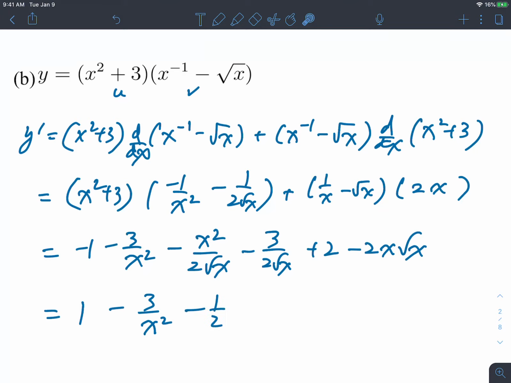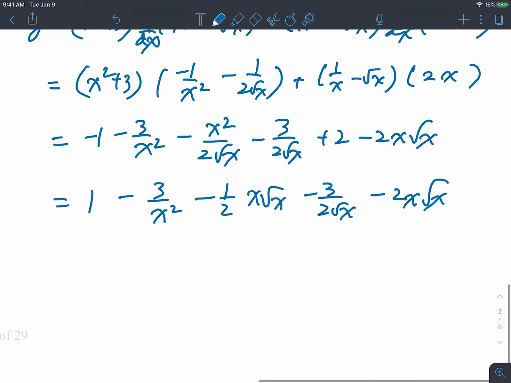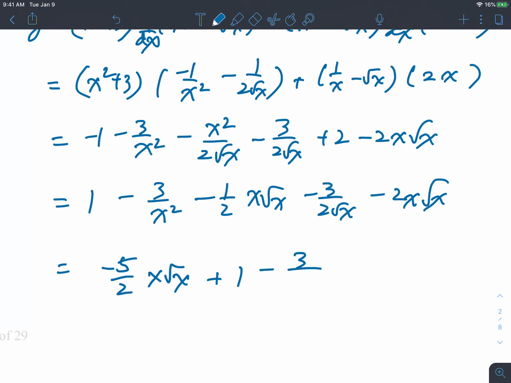I'm going to simplify this one over here. So, oopsie, that's what it gave me. And I notice that these two could be combined right here. So I'll do that. So, hold on, plus 1 minus 3 over 2 root x.